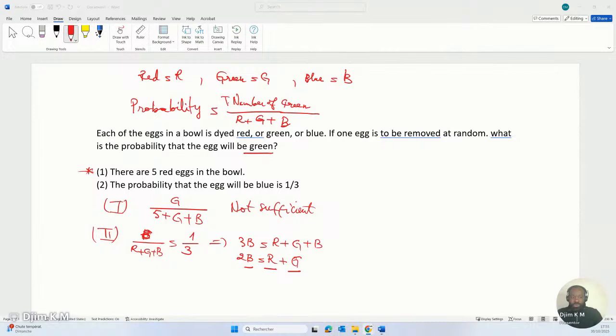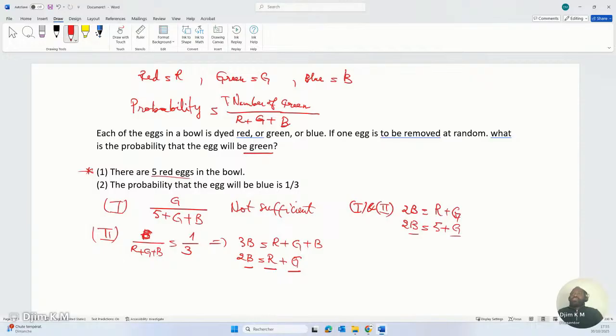And then we can also try to combine the two conditions, condition 1 and condition 2. So we know that from condition 1 we have the number of red, and here we have this equation R plus G. So we can say 2B is equal to 5 plus G. But still we will have two unknown values here, blue and green.